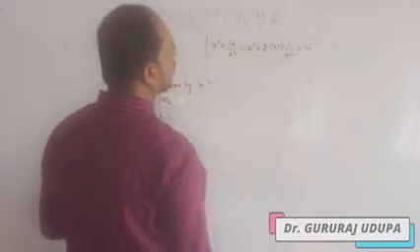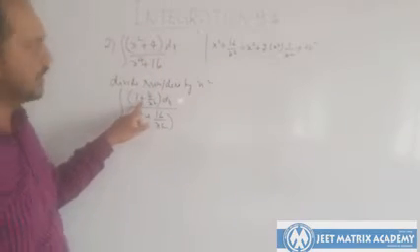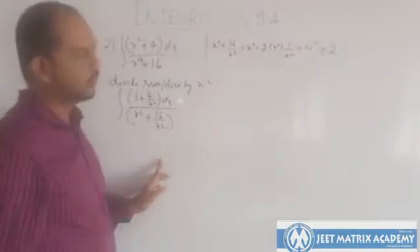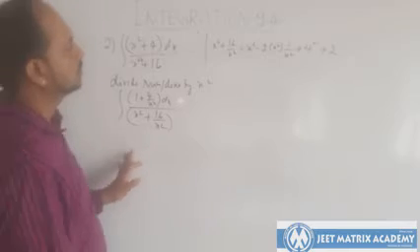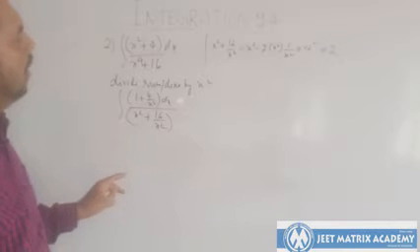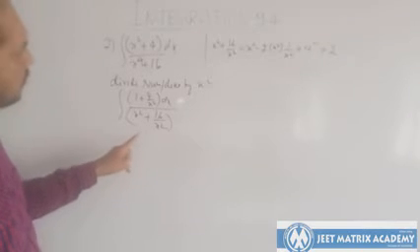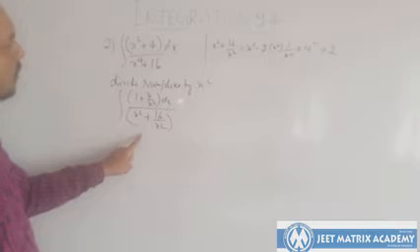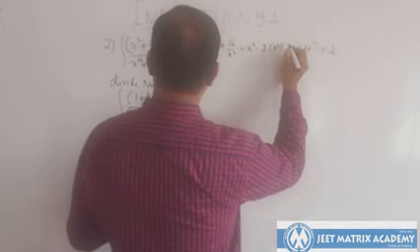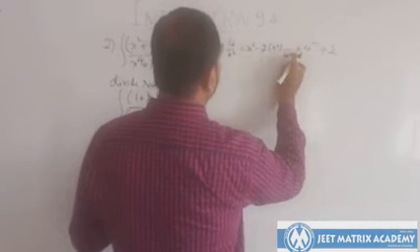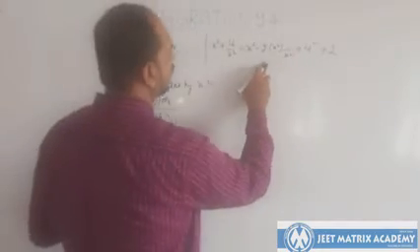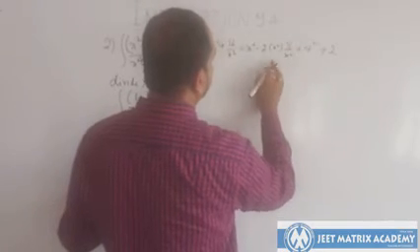Again, in the numerator a plus is there, so better you take this as minus, then add the extra term. So 2a into b, b is supposed to be 8.